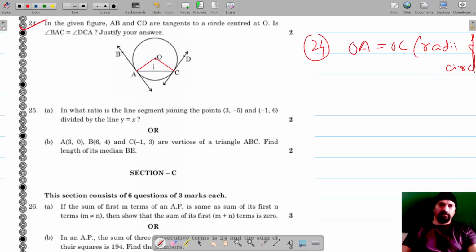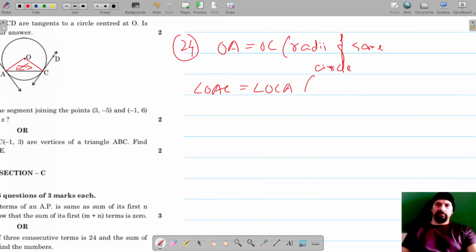And we know that if two sides are equal, then the angles opposite to those sides are equal. That means angle OAC is equal to angle OCA. And the reason here is these are the angles opposite to equal sides, and we know that the angles opposite to equal sides are equal.